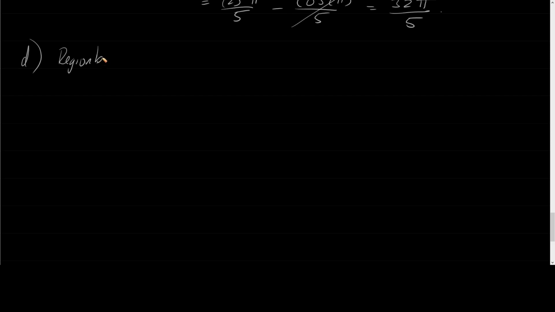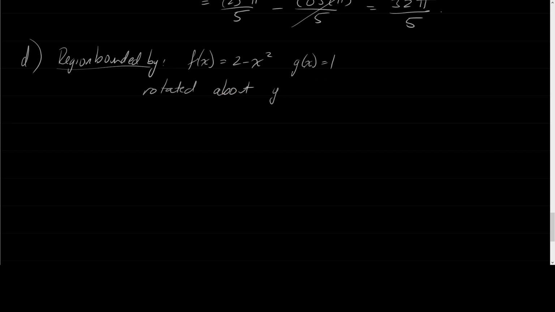So the region bounded by f of x is equal to 2 minus x squared, g of x is equal to 1. It's the region bounded by those two, rotated about the line y equals 1.